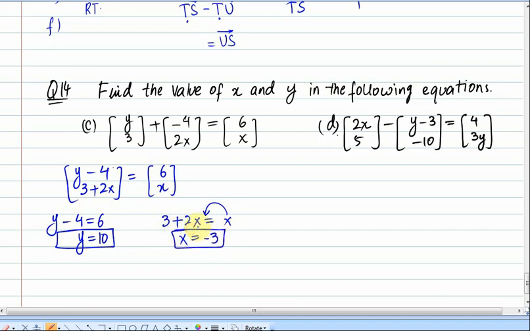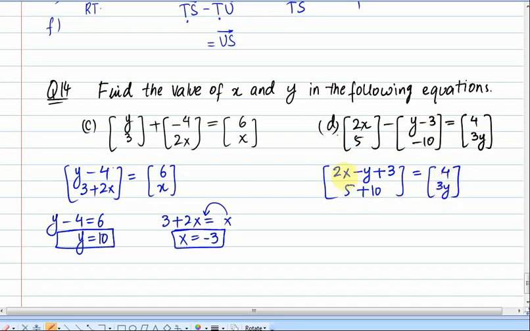For part D, first you need to add these two vectors. It's 2x minus y and minus minus plus 3. For the second row, 5 minus minus plus 10. On the right side we have 4 and 3y.